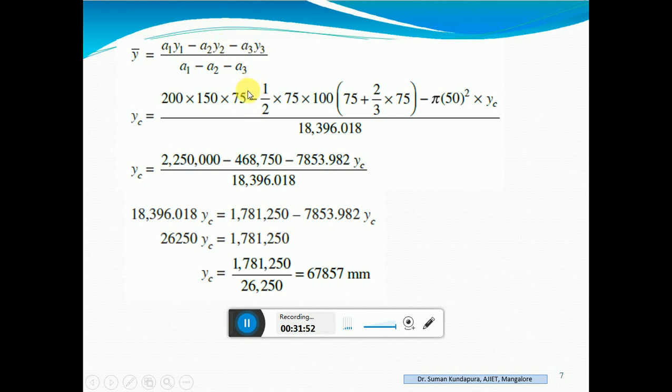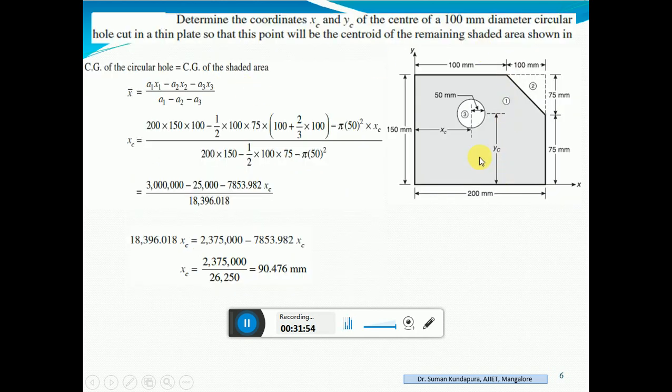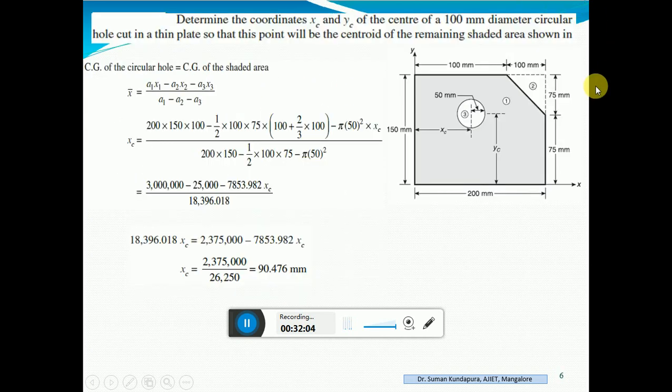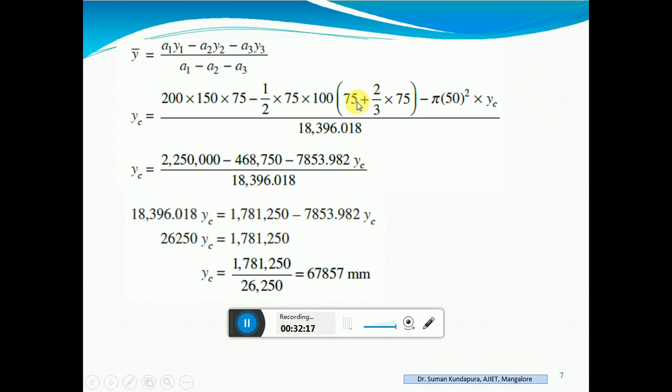So y1, if you look here, y1 is nothing but the whole depth divided by 2. 150 divided by 2, that is nothing but 75. For the triangle, with respect to the x-axis, what is the distance? 75 plus 2/3 of 75. Correct? 75 plus 2/3 of 75.